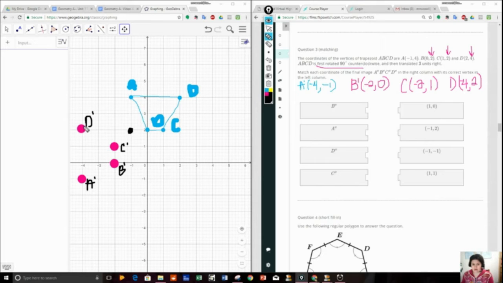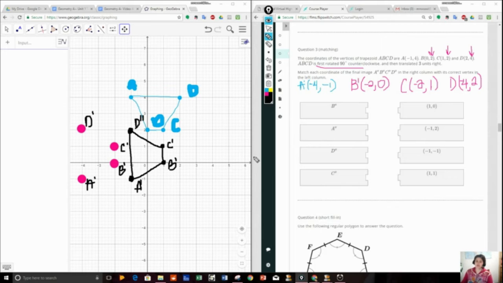So D prime would now move 3 units to the right, and that becomes D double prime. C prime would now move 3 units to the right. 1, 2, 3. B prime and A prime. 1, 2, 3. So now here's our final trapezoid.